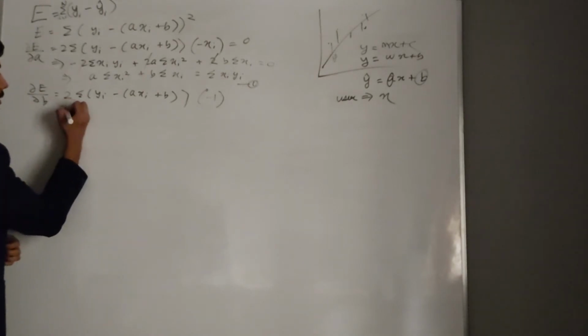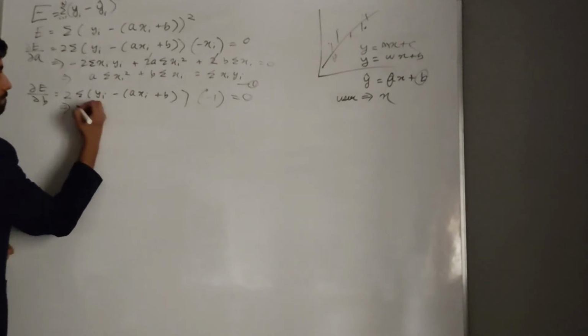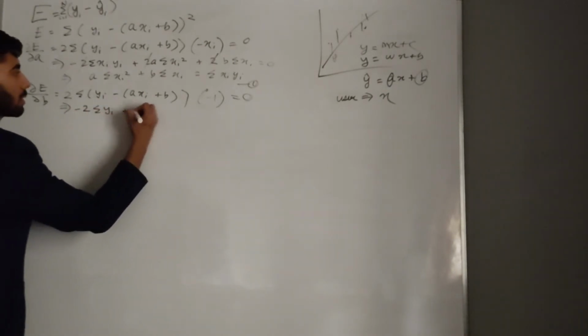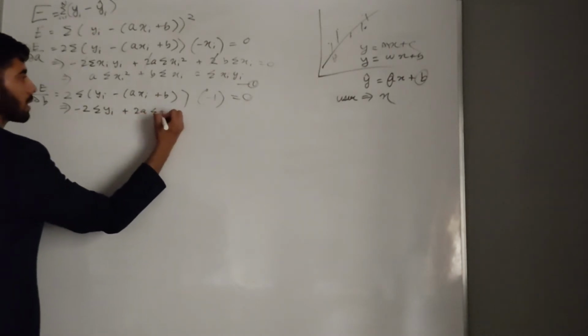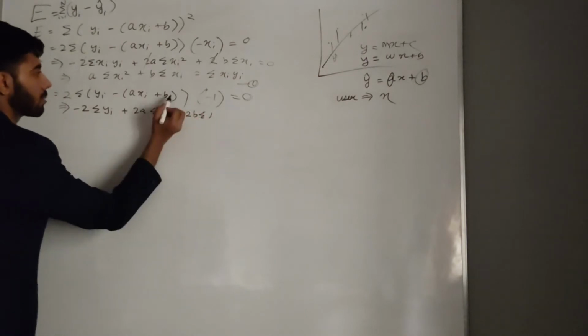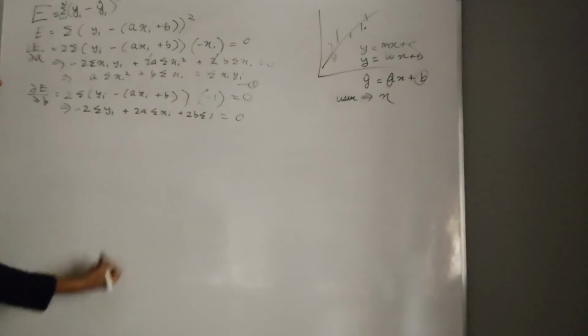Now I'm going to write this equation as minus 2 summation of yi plus 2a summation of xi plus 2b summation of 1. b was multiplied by 1, therefore summation of 1, and this is going to be equal to 0.